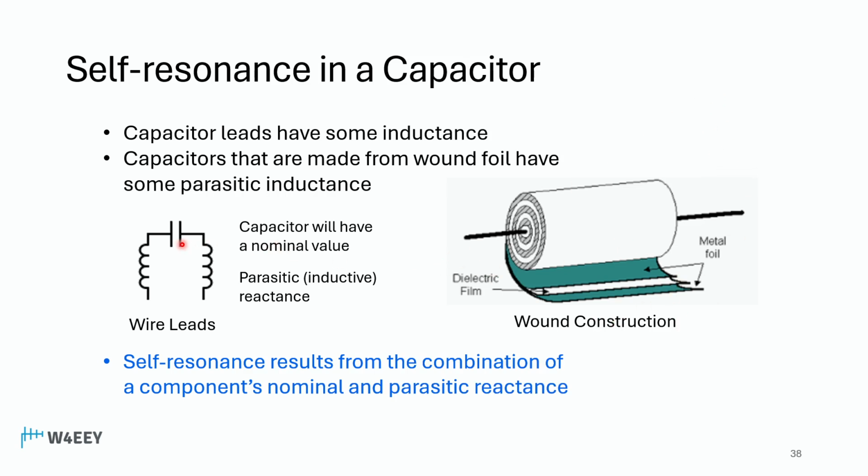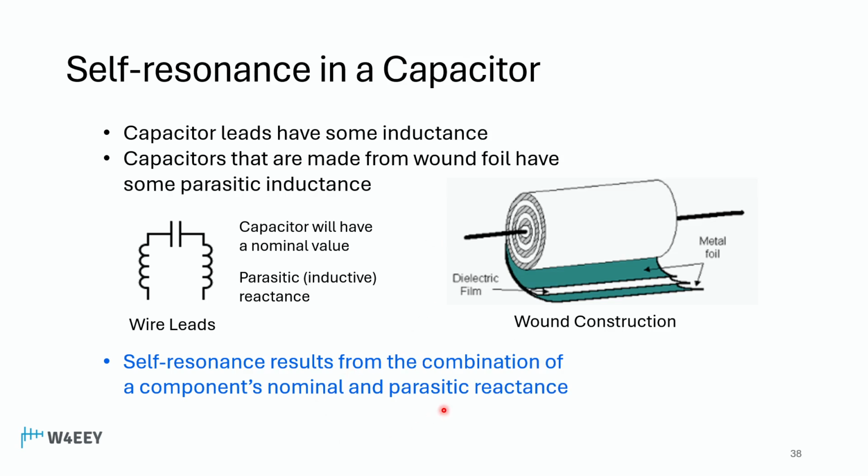So we've got a capacitor with a nominal value, 100 picofarads, and then we have the parasitic or inductive reactance due to the leads, and if the component is constructed out of wound material, there's inductance there. So capacitor leads have some inductance. Capacitors that are made from wound foil have some parasitic inductance.